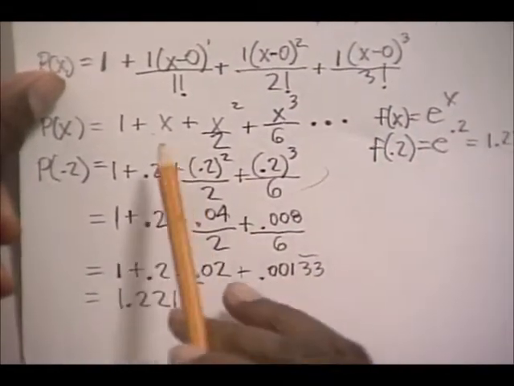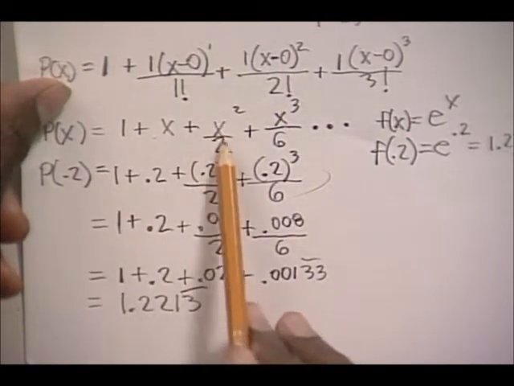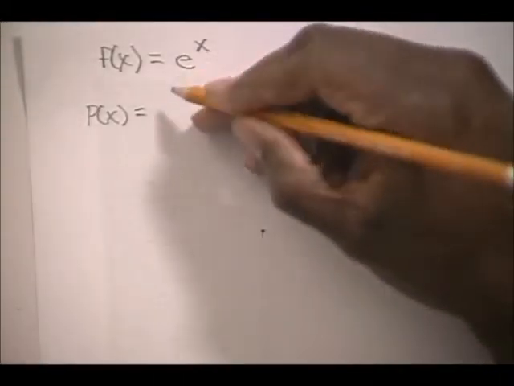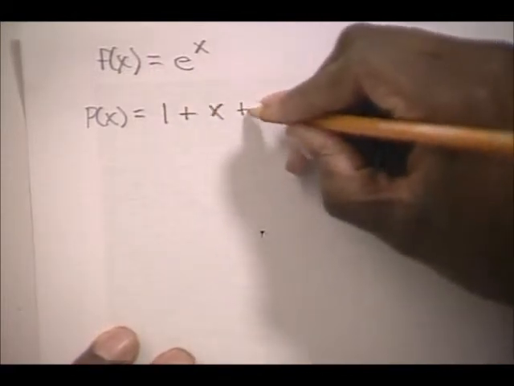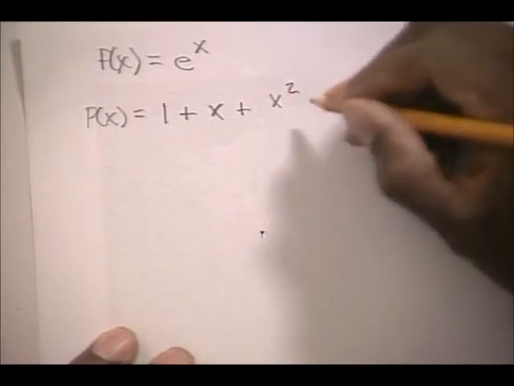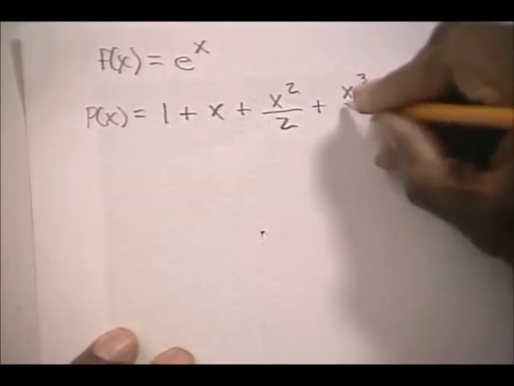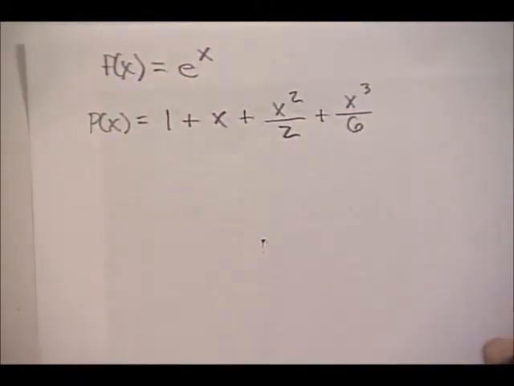We already rewrote this as a Taylor series: 1 plus x plus x squared over 2 plus x to the 3rd over 6. We did that already earlier in the show.